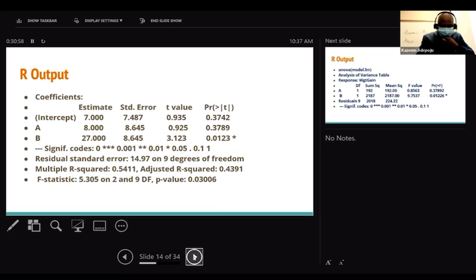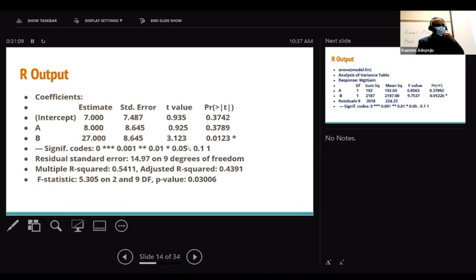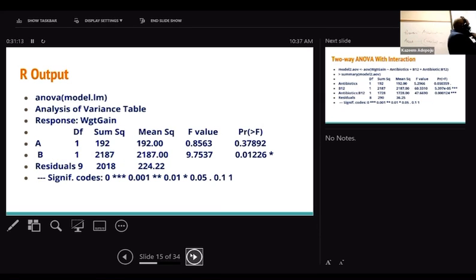Okay, now, we've done something before where after running your linear regression, we normally go for what we call ANOVA for regression. You remember that we've done that before.